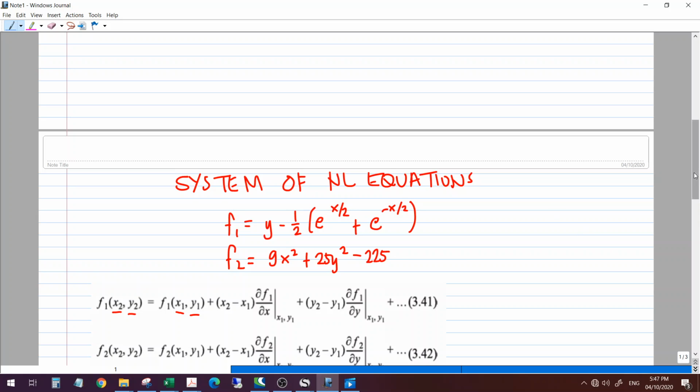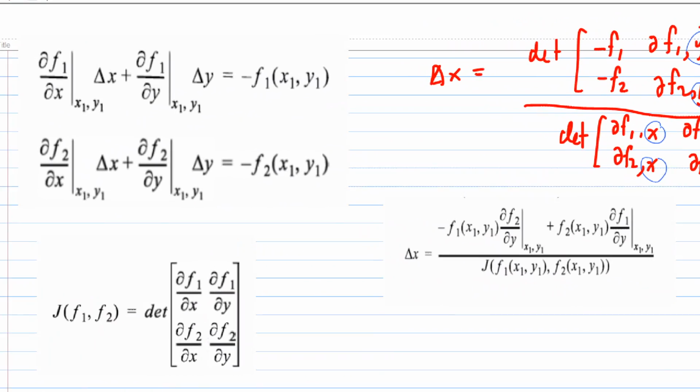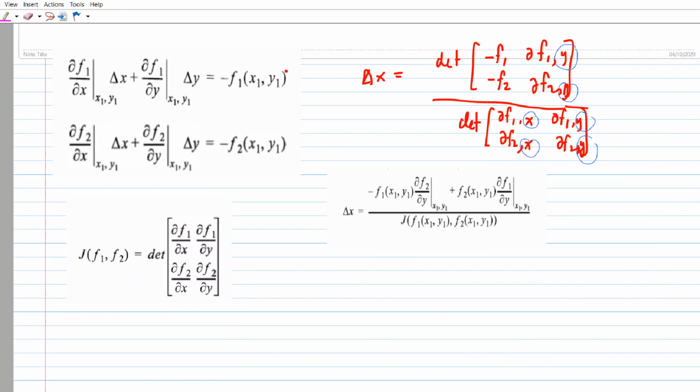And again, this is the simplified expression, two equations, two unknowns.